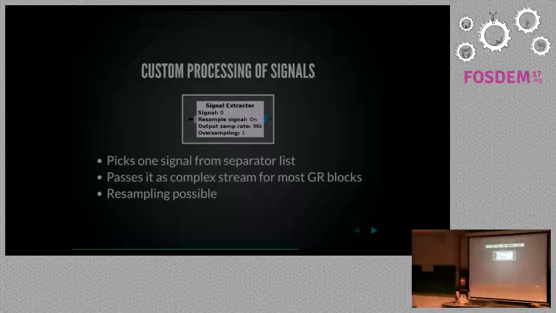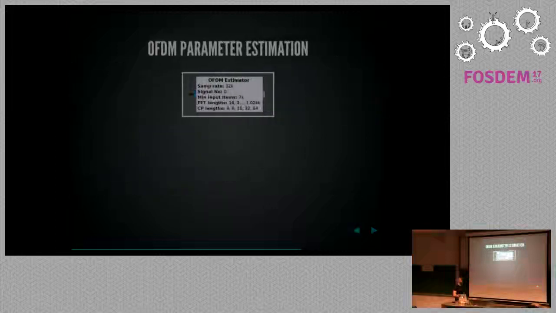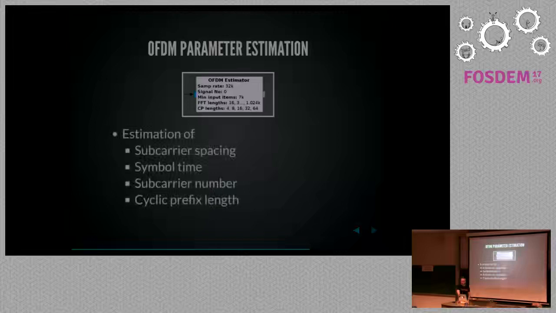The second bigger topic I dealt with is OFDM, and there I tried to write an OFDM parameter estimator. We have seen the results of this block earlier in the GUI screenshot. What it does is it estimates the subcarrier spacing, the symbol time, subcarrier number, and cyclic prefix length of an OFDM signal.